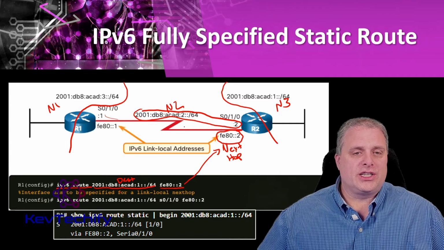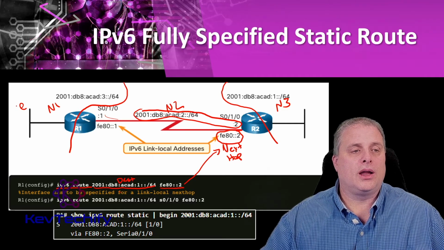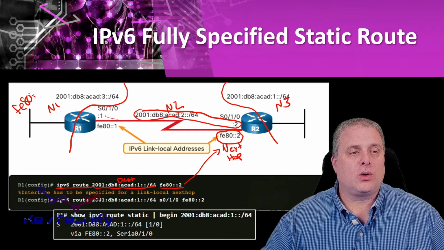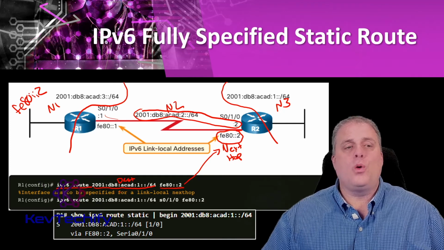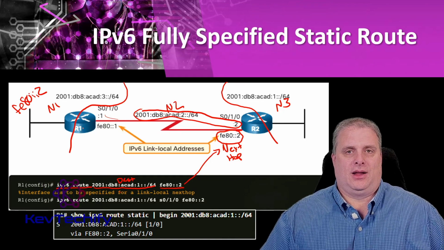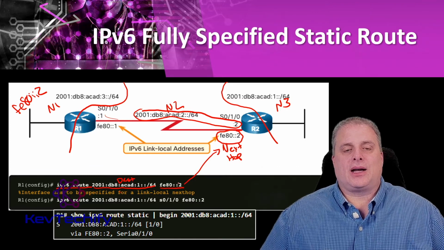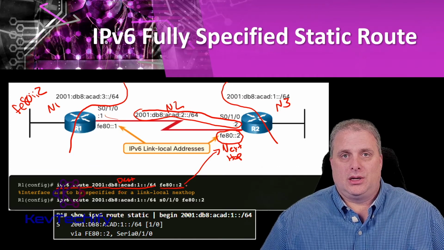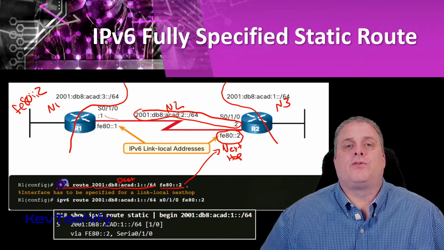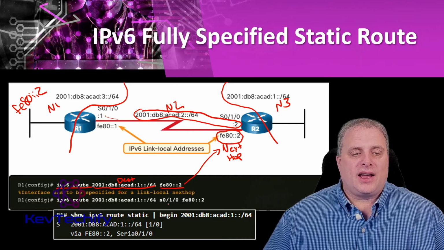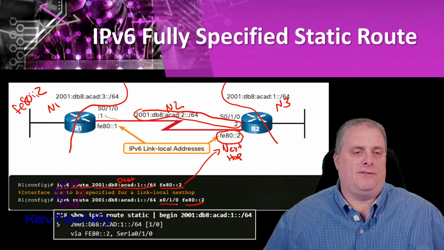FE80::2, it could exist on network 2. It could also exist somewhere on network 1. FE80::2 could exist over here. Router 1 would not know where to send it. And so we can't do a next hop IP address using just the link local address for IP version 6, but you can do a fully specified route where you specify the link local address and you also specify what interface to send it out.